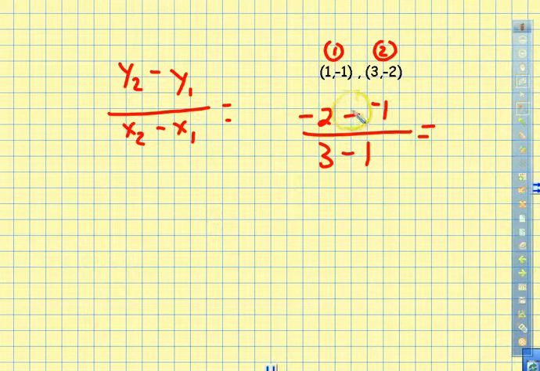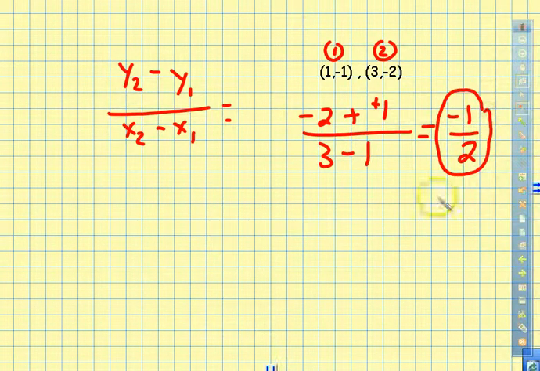Therefore, I can change this to its opposite, and we get negative 1 over 3 minus 1, which is going to give me 2. And that is, in simplest form, we have 1 negative, therefore it is a negative 1/2.